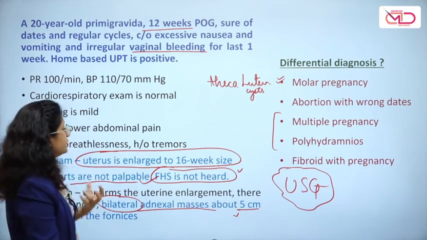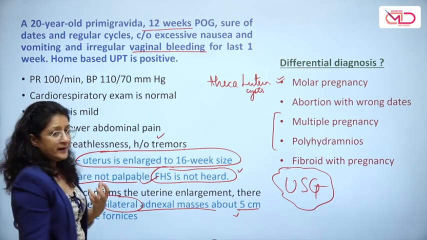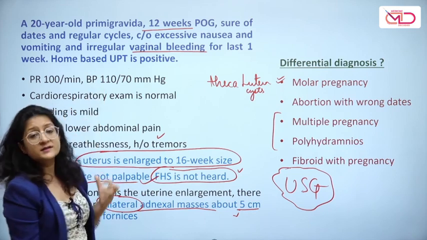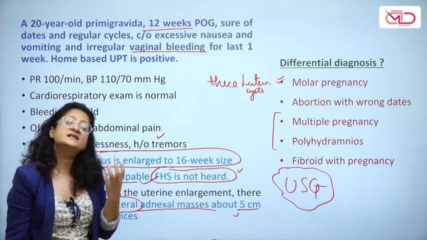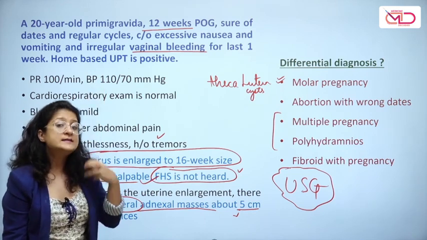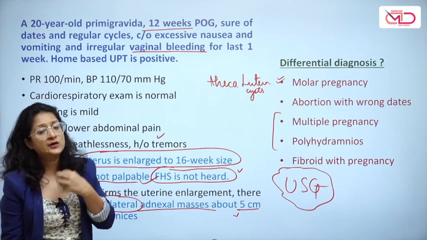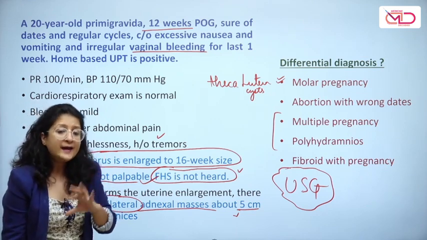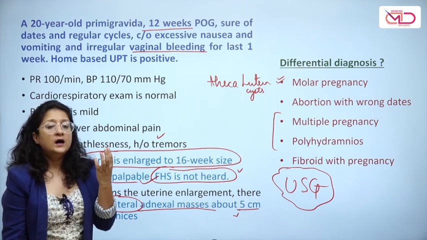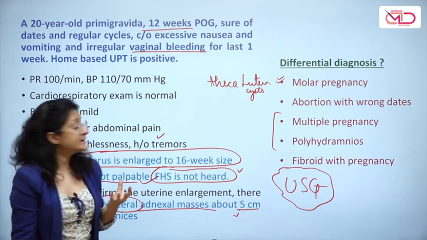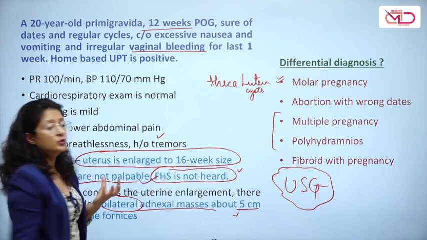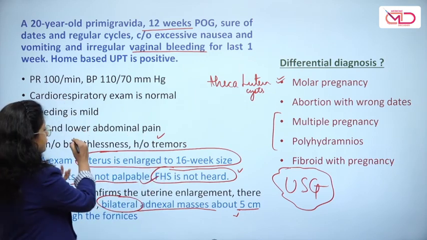Like you could ask for the history of tremors, right? This excessive nausea and vomiting is happening because of excessive beta HCG. The same excessive beta HCG could lead to excessive stimulation of the maternal thyroid gland and could lead to a hyperthyroid-like state, and that could lead to tremors. A history of breathlessness.